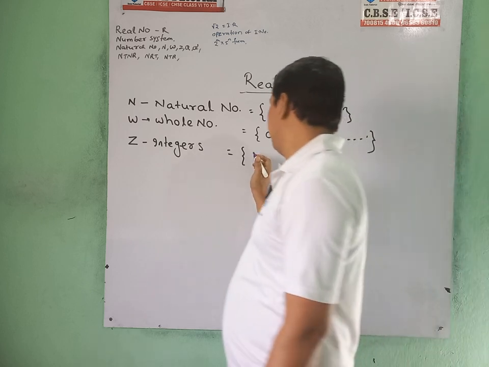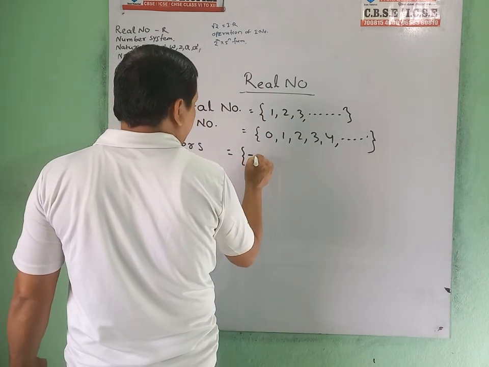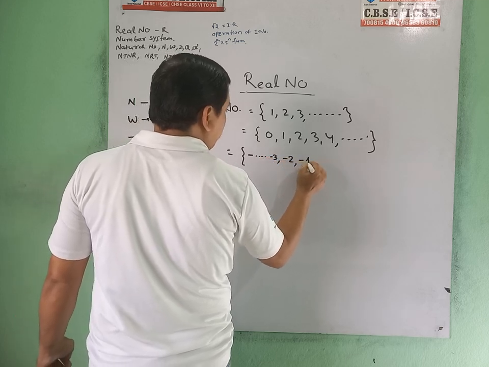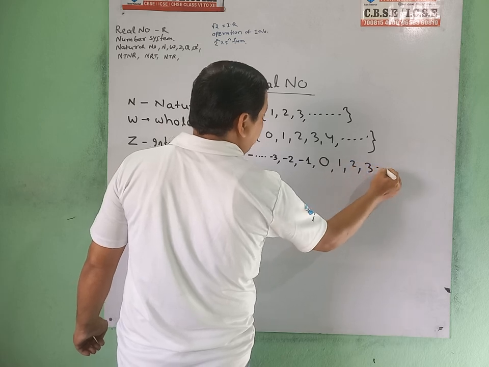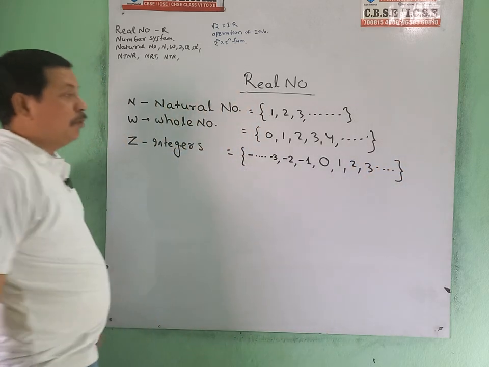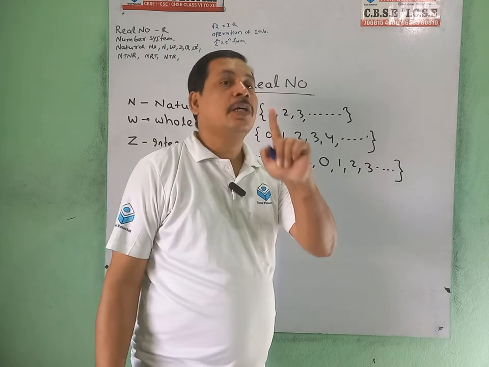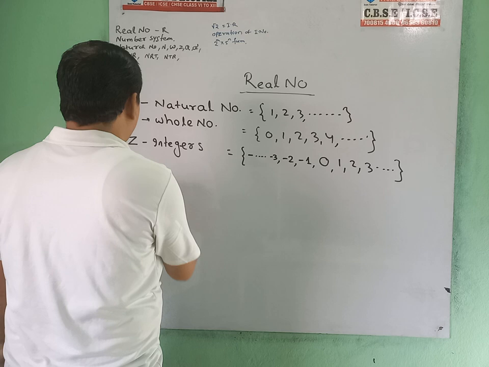Suppose like that: minus 3, minus 2, minus 1, 0, 1, 2, 3, onwards. All positive and all negative whole numbers together are called integers. Clear? No doubt.